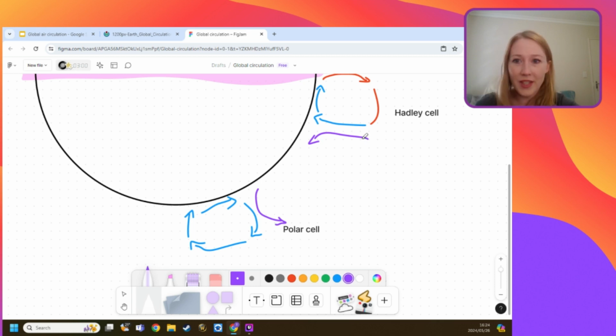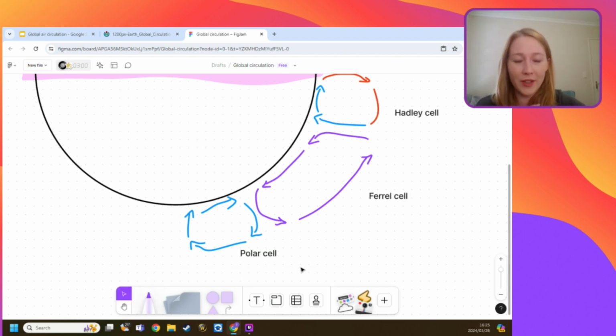Okay, so we see we have the sinking air over there, the rising air over here, and the completed system creates the Ferrel cell. There we have our 3 cells. Hadley cell is driven by the heating at the equator, polar cell is driven by the cold air at the poles, and the Ferrel cell is driven by the movement of the other 2 cells.